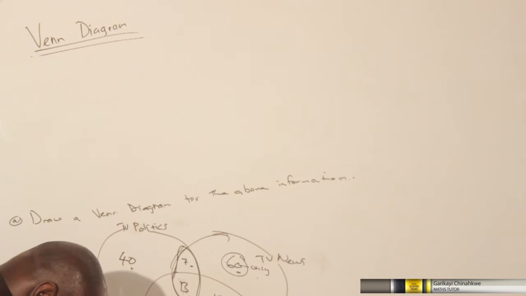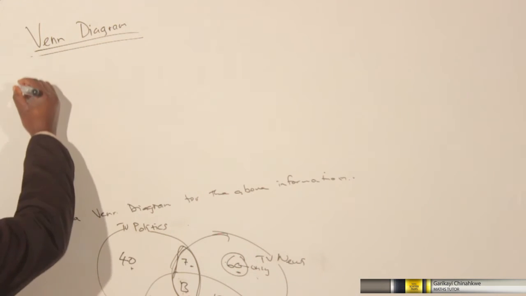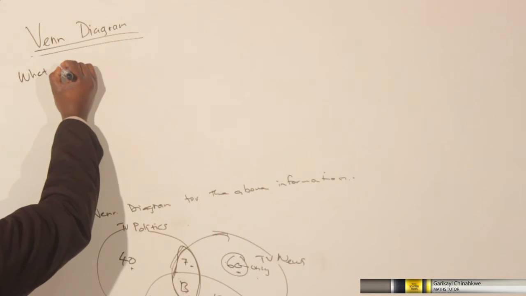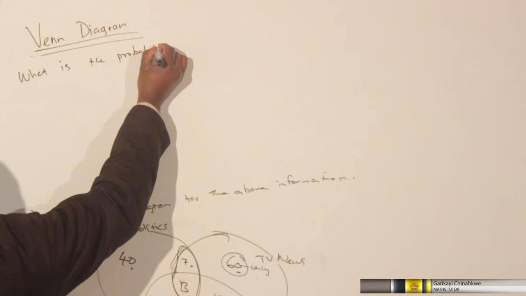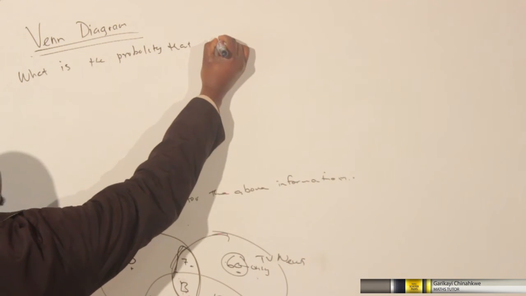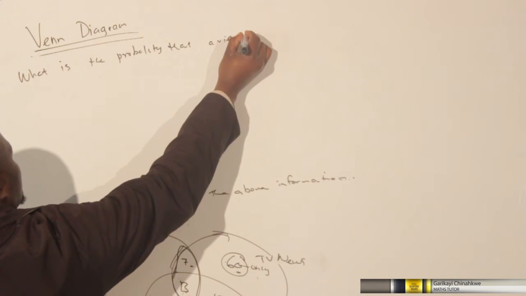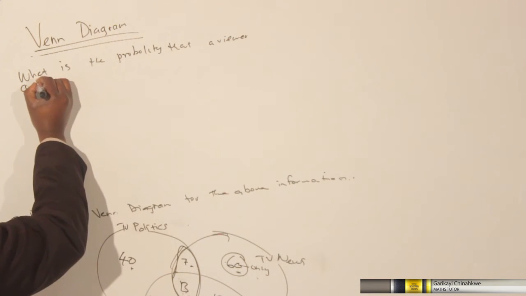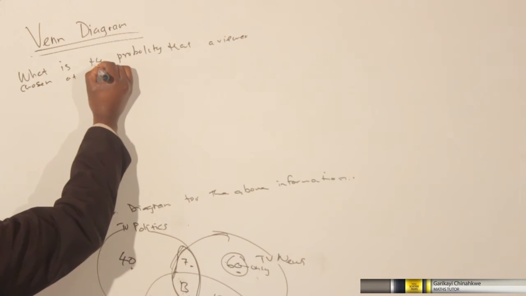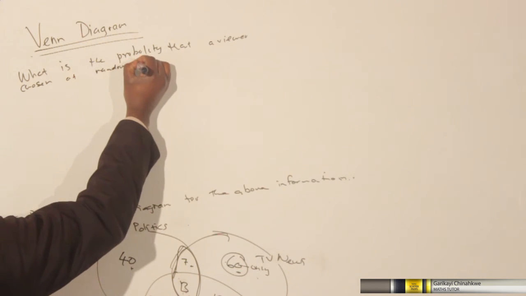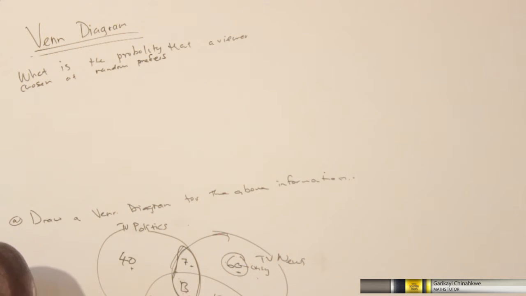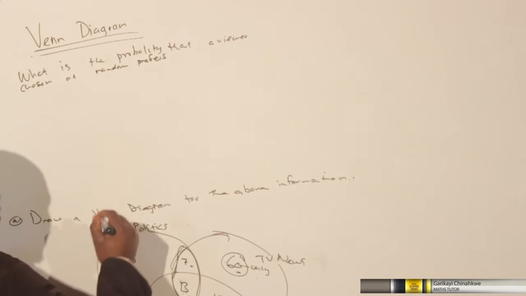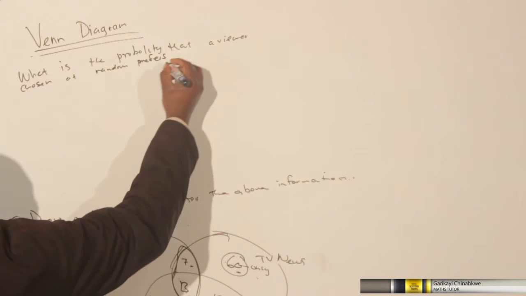What is the probability that a viewer chosen at random prefers TV politics or TV news?